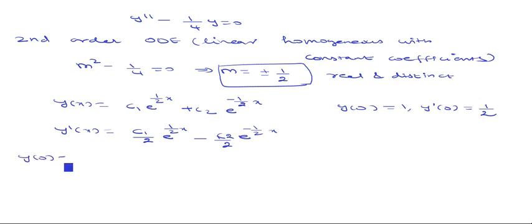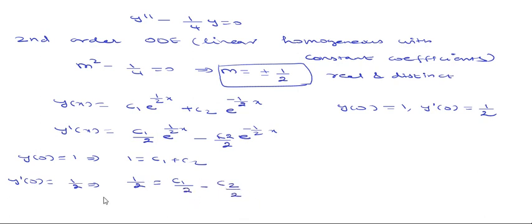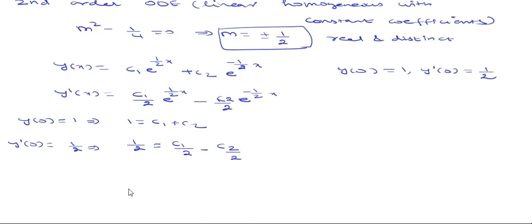Now using the first condition y of 0 equal to 1, this implies 1 equal to c1 plus c2. Now y dash of 0 equal to 1 by 2 gives 1 by 2 equal to c1 by 2 minus c2 by 2, since e power 0 is 1. So we can cancel this 2.